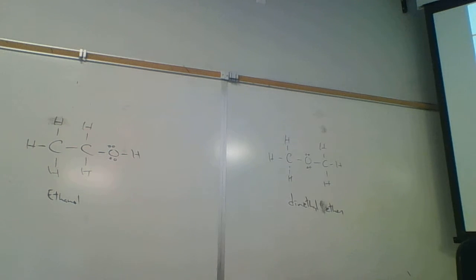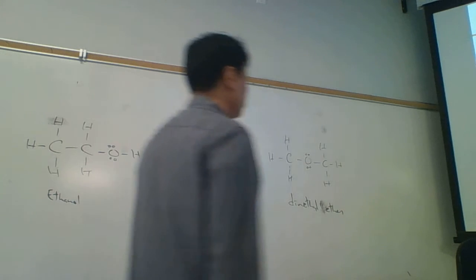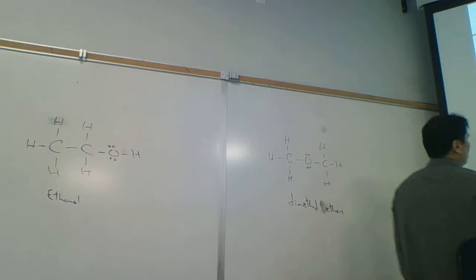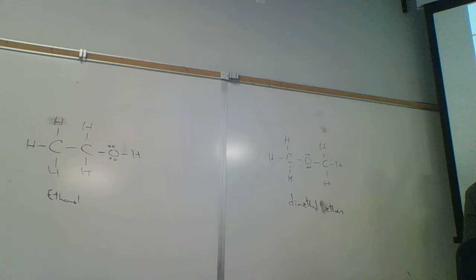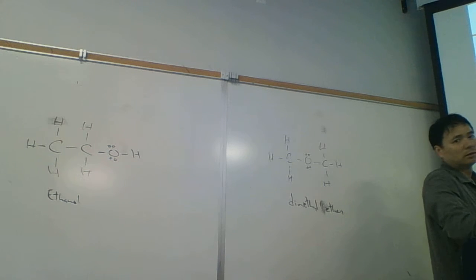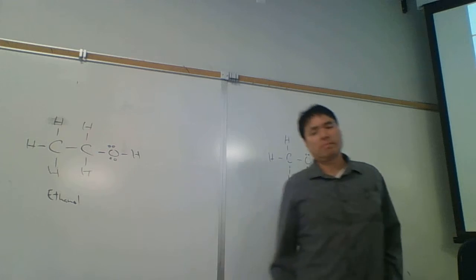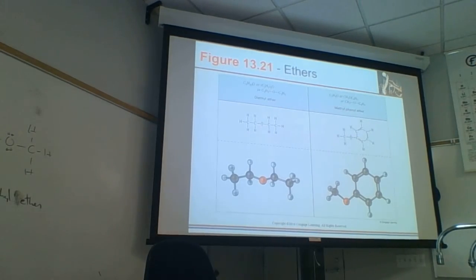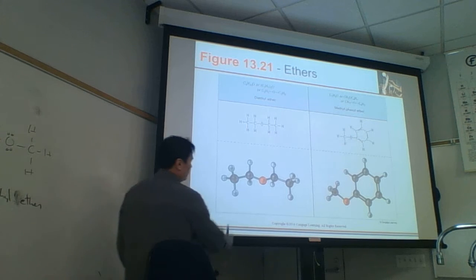These are ethers here. CH3 is what we call methyl, but if we have a CH3CH2 chain like this we call it ethyl because it's 2 carbons. So this is an ethyl group and this is an ethyl. And so the name for this would be diethyl ether.